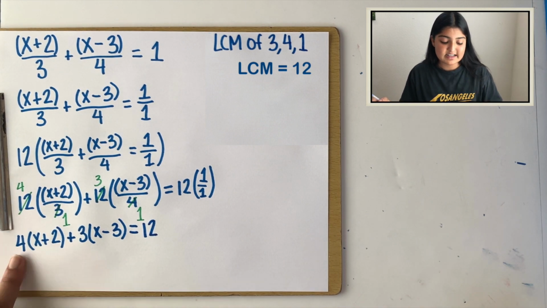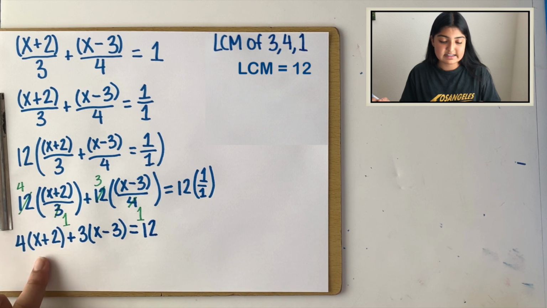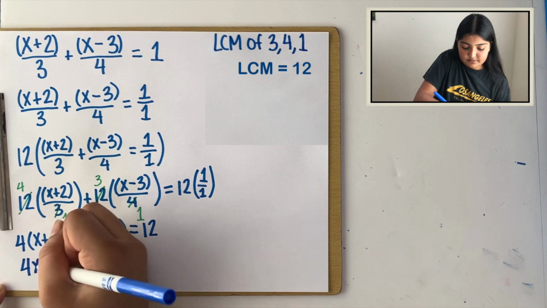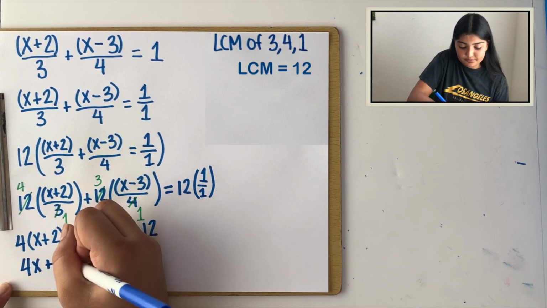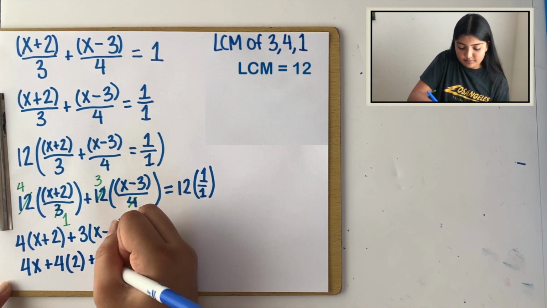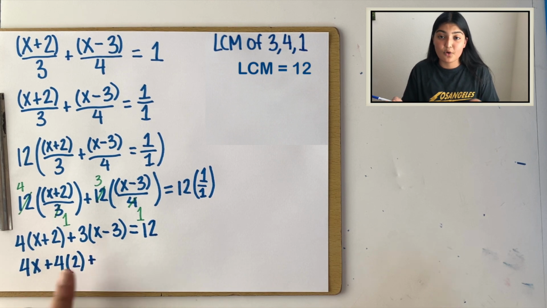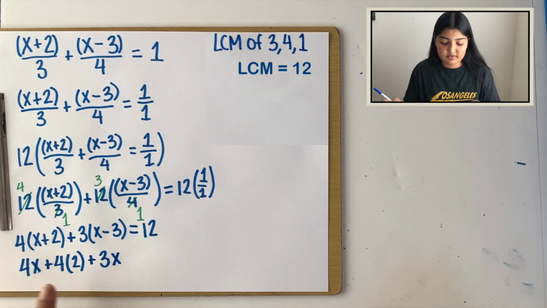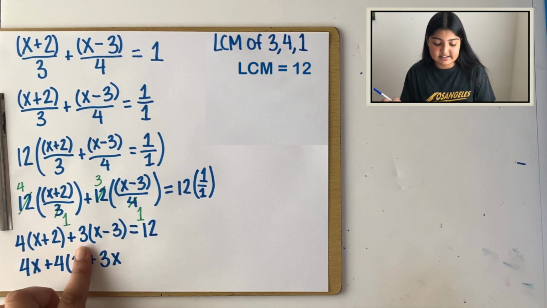Now, let's distribute. 4 times x is 4x plus 4 times 2 plus 3 times x, or 3x, minus 3 times 3.